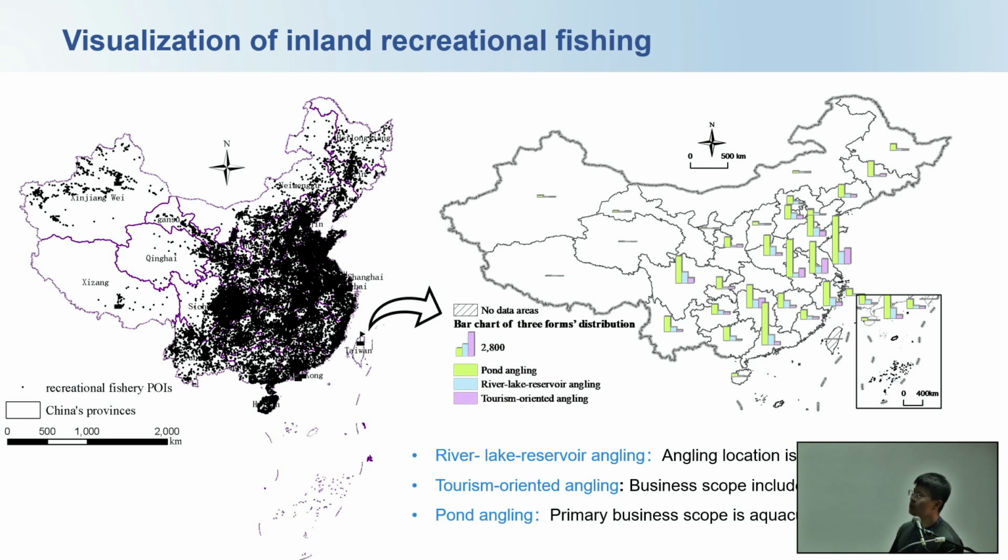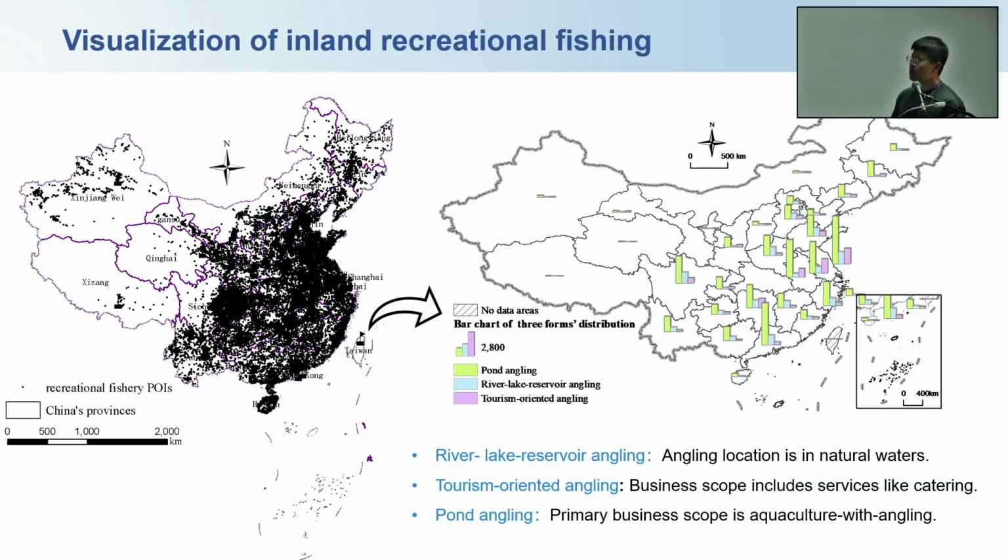One dot refers to one fishing spot in China, and we set rules to divide the POIs into different types. One is river-lake-reservoir angling: if the angling location is in natural waters, we classify it as river, lake, and reservoir angling.